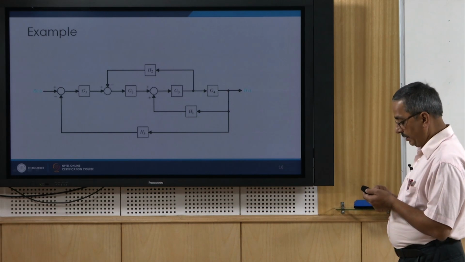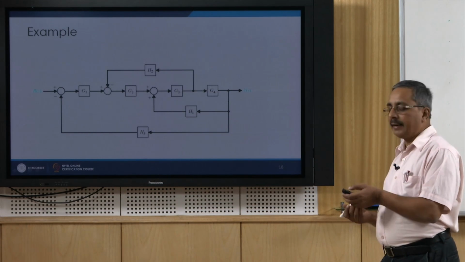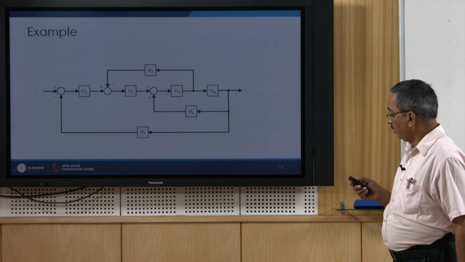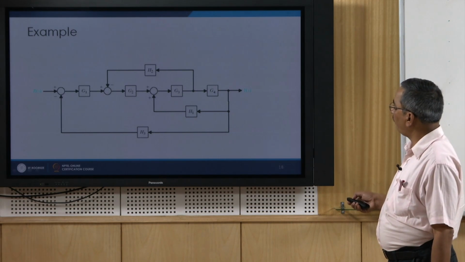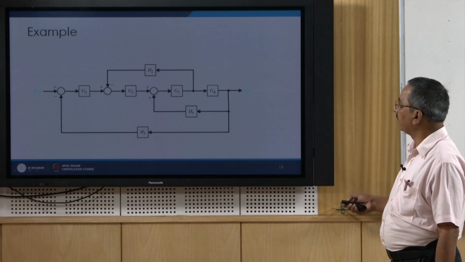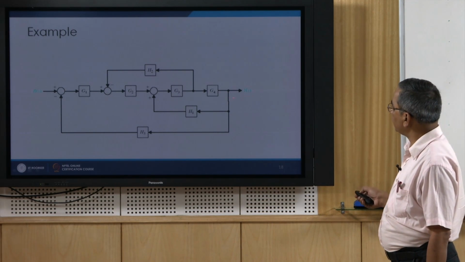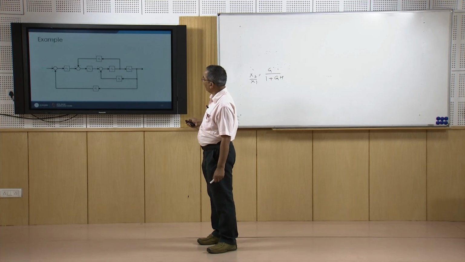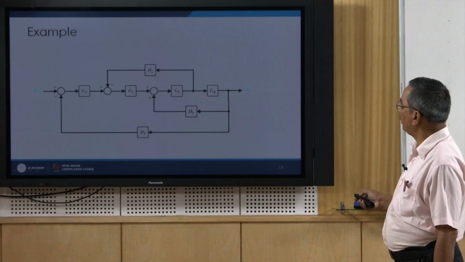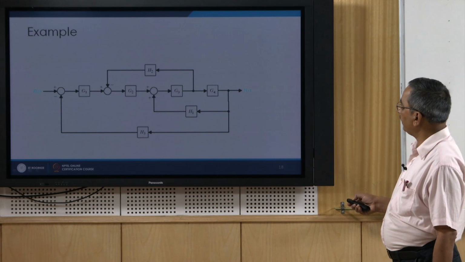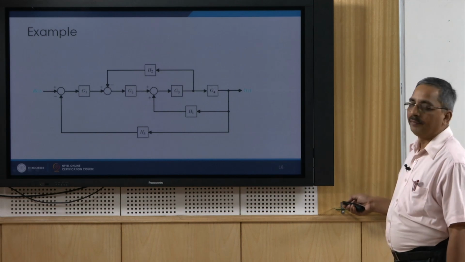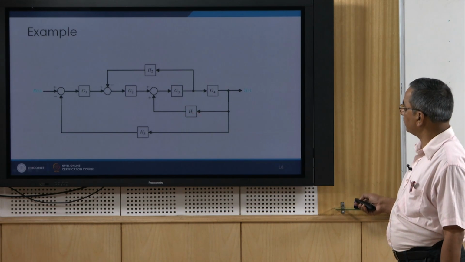And we can follow all these procedures to find out the transfer function for a system something like this. For this system, say y(s) is the output and r(s) is the input, and in between we have many forward transfer functions, say g1, g2, g3, g4, and there are feedback transfer functions, say h1, h2 and h3.